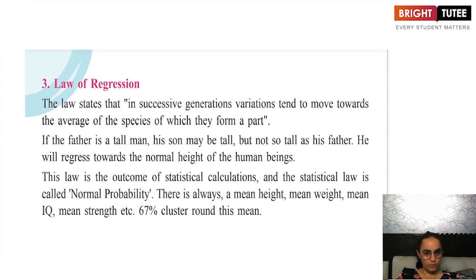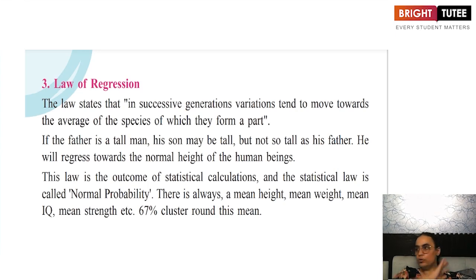In layman's language, it means that if supposedly the father was a very tall man, the son may or may not be tall. This is because the qualities or the genes that the son has inherited from the father are going to get regressed towards the normal human height.